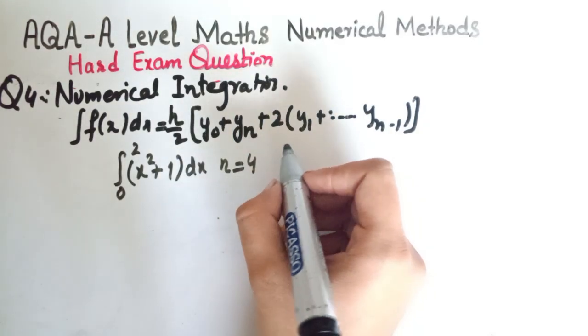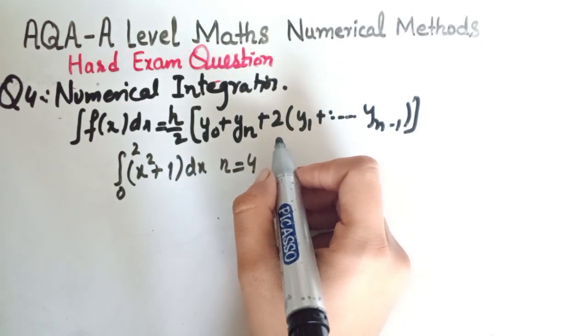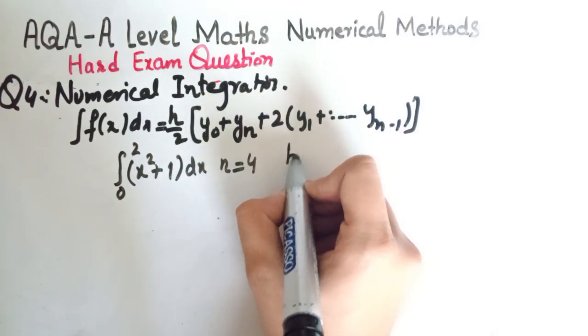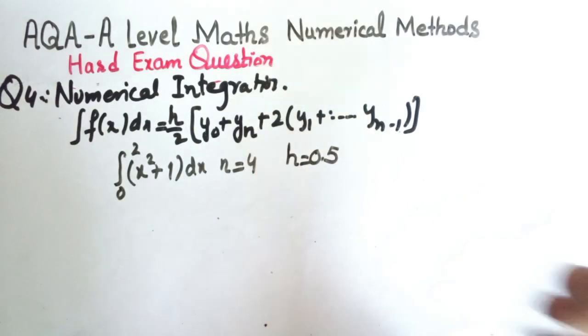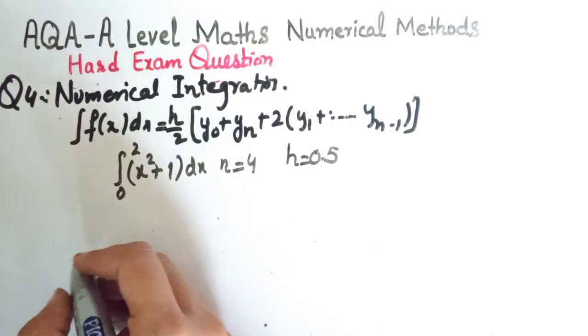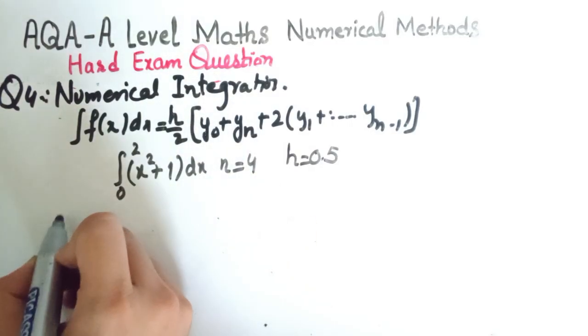The class interval h is 0.5. So how will we apply the trapezium rule in this question? We will draw its table and then apply the trapezium rule.